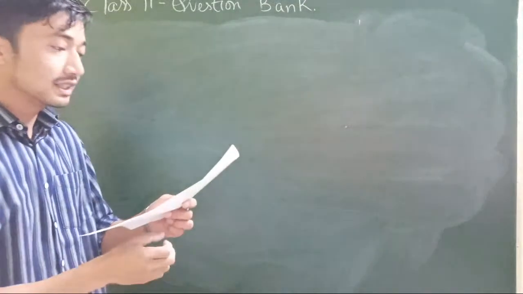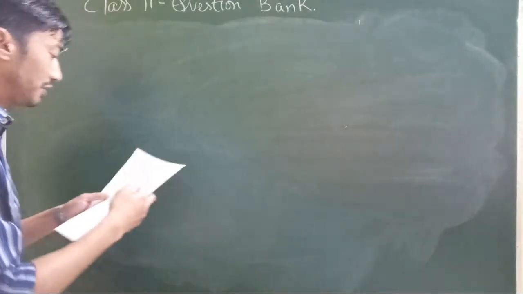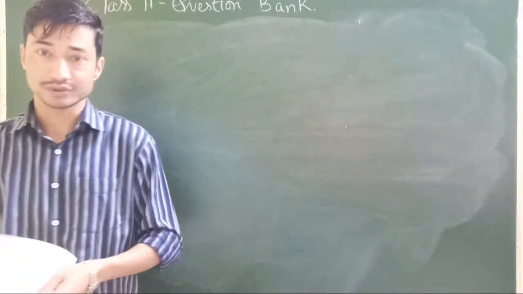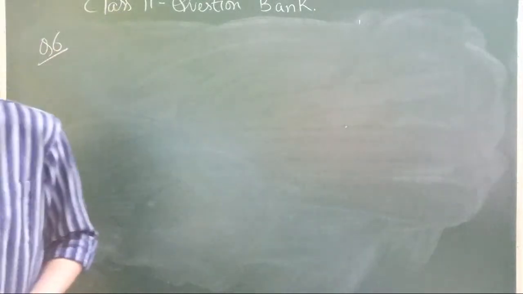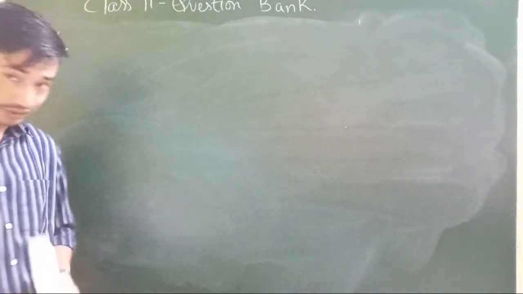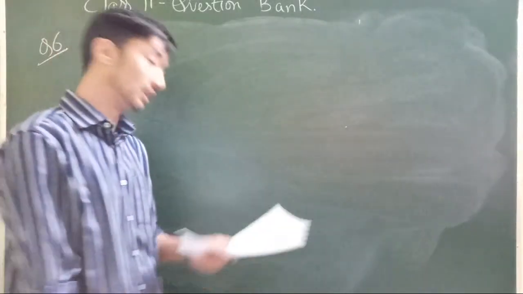So we'll be moving on to number B, that is the sum of the first three terms of a GP. Let a be the first term and r be the common ratio. I guess all of you now know how to write that, because I've already done videos on that. You can always check out the previous videos also.